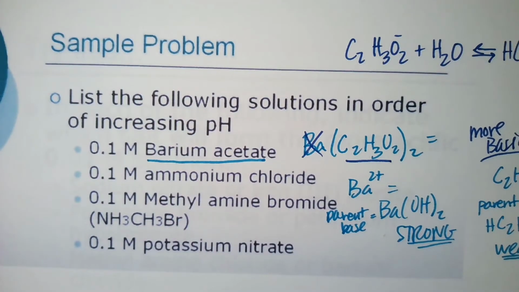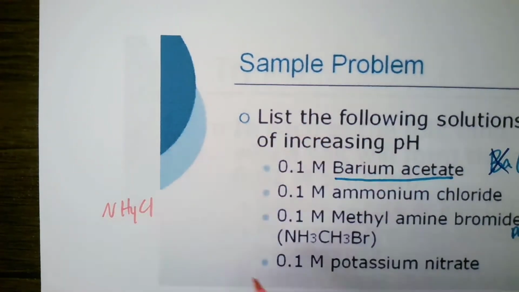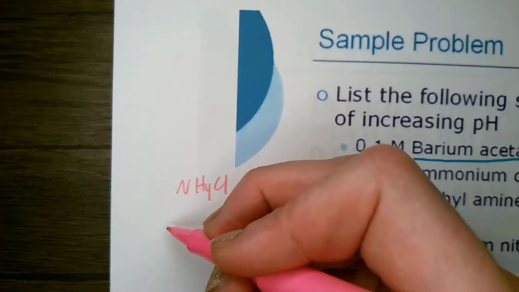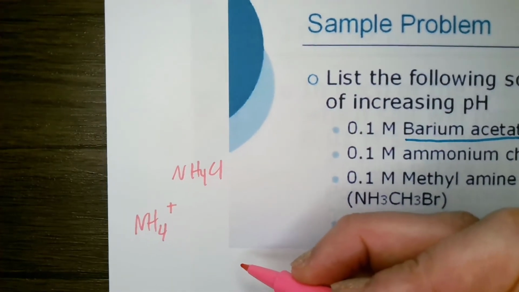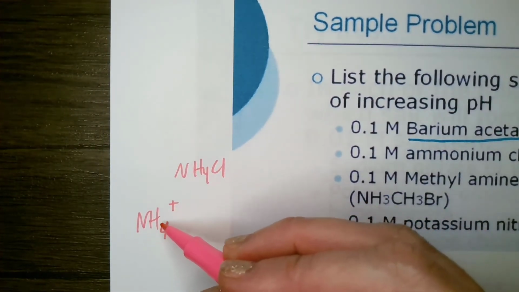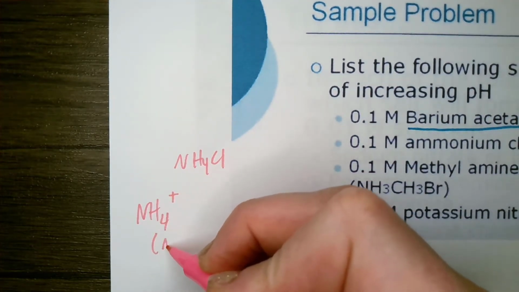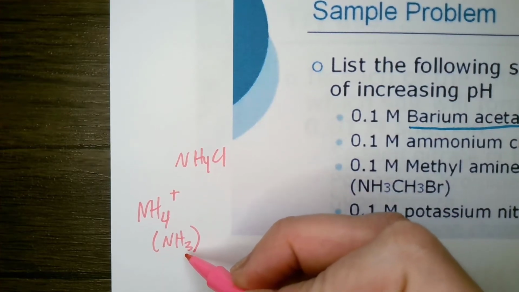Let's look at ammonium chloride, NH4Cl. If I look at ammonium, just NH4 plus, let's look at its parent base. Its parent base would be NH3, ammonia, which is weak.